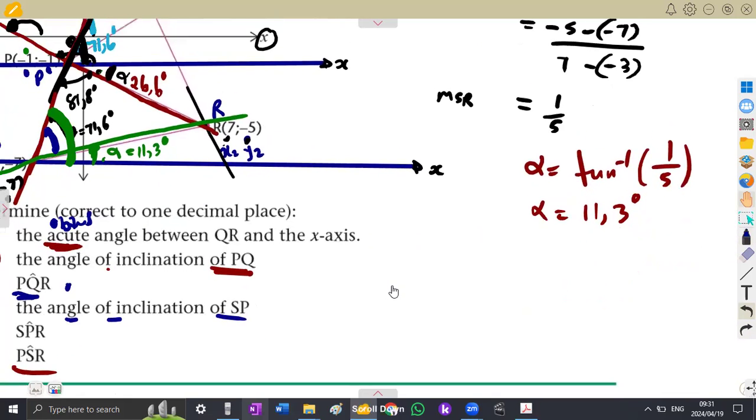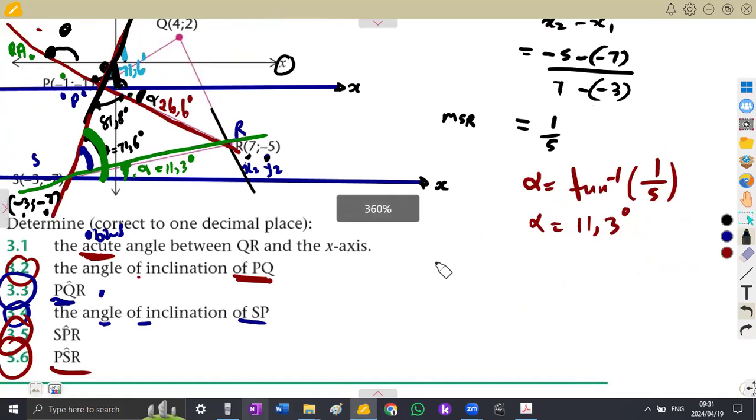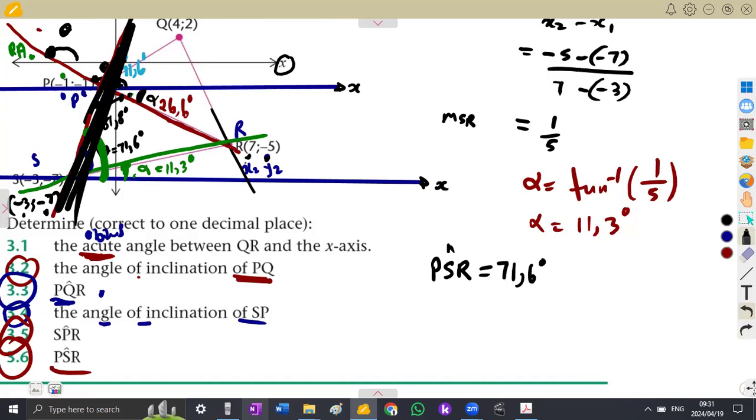So now to calculate our angle PSR, we can simply find the difference. Our angle PSR is simply going to be the difference. For the line SP, you consider 71.6 minus this one. We do not need this piece in our angle, so we have to remove it.